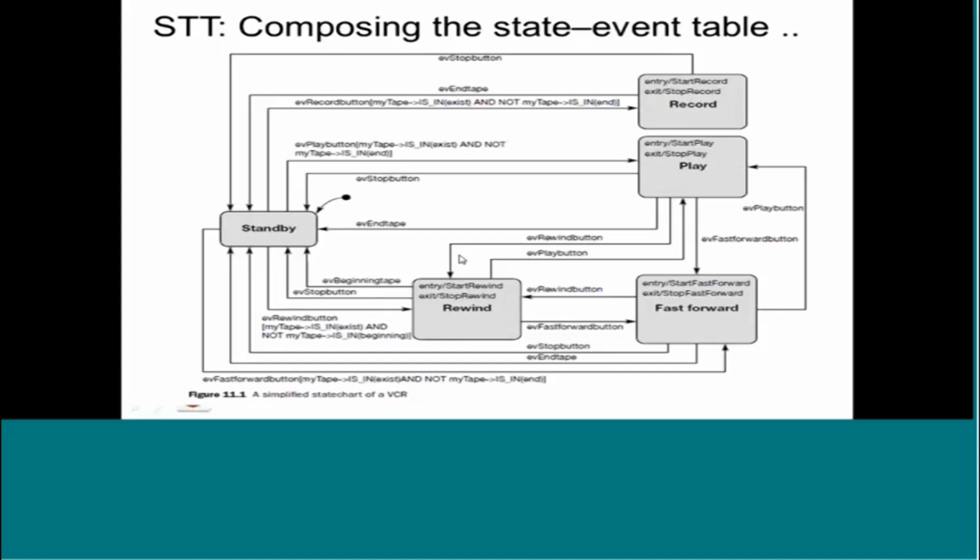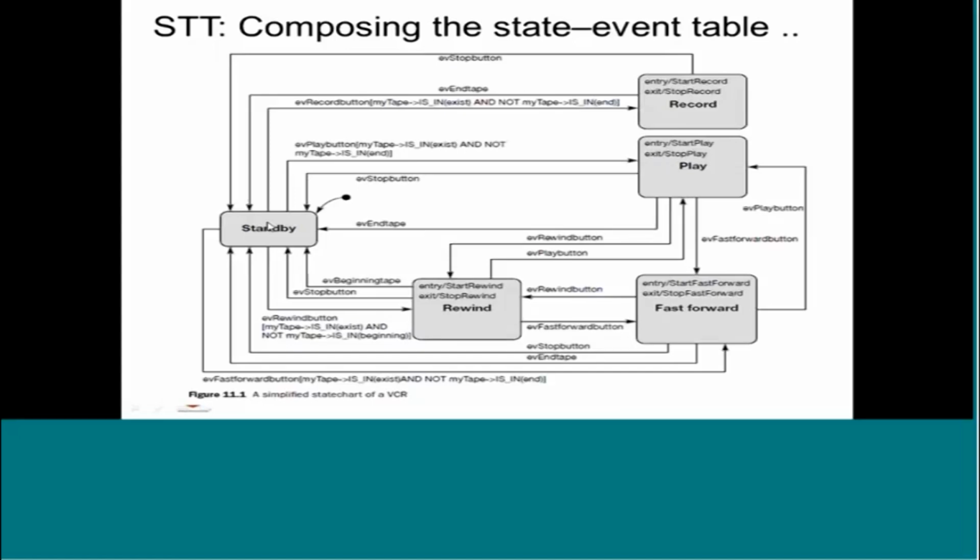We know that in a tape recorder or VCR we can do a rewind, and the fast forward button can also be pressed. So you should do that action for that event. Similarly, directly from play we can go to standby if the tape has ended. So this is another condition. Interestingly, they have put all the combinations that a VCR can take. So this is how it will be designed basically.